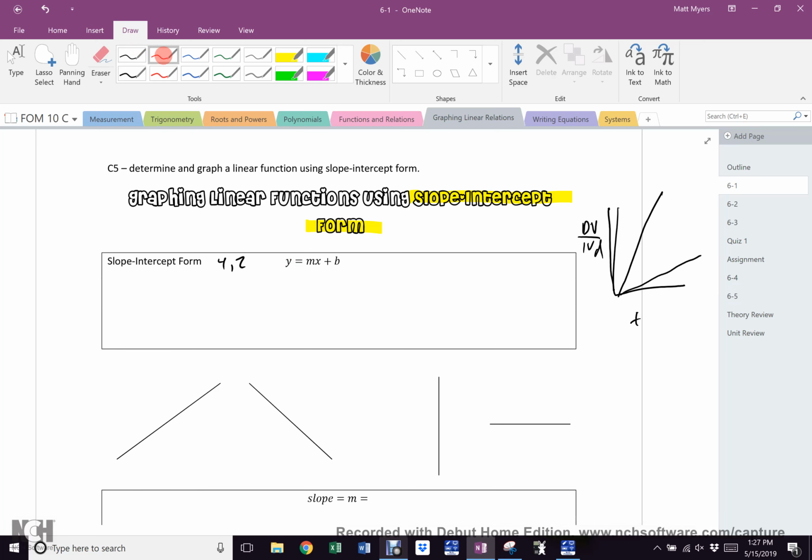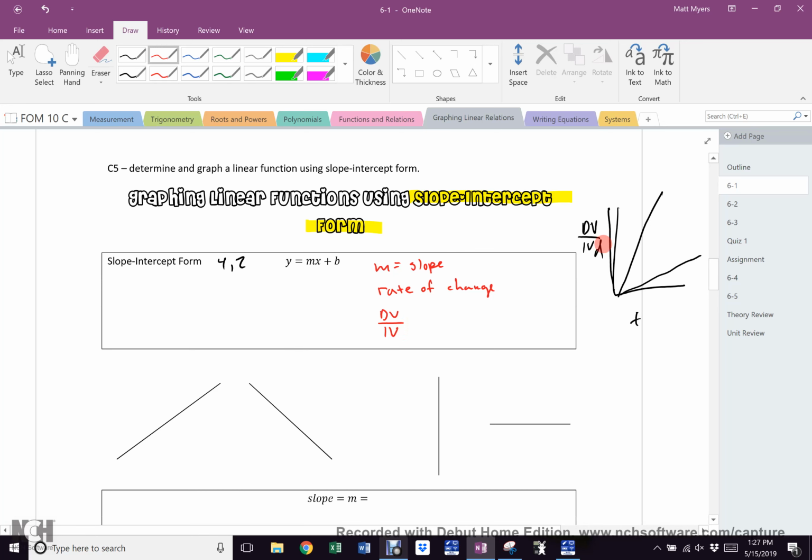Well, m equals slope. And we know slope is the rate of change. And we know that every rate of change is the dv divided by the iv, right? But not really the dv divided by the iv. It's how much the dv changed divided by how much the iv changed, right?